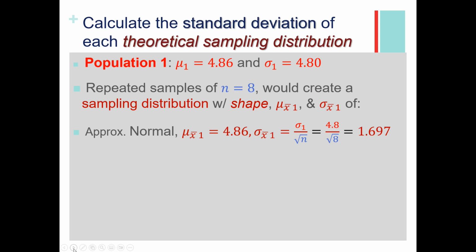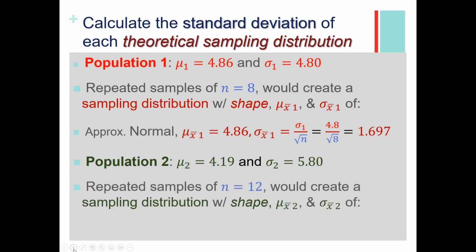With our second theoretical sampling distribution, we had a population mean of 4.19 and a population standard deviation of 5.8. So when we took repeated samples of size 12 from this population, we could determine our shape, center, and spread once again.